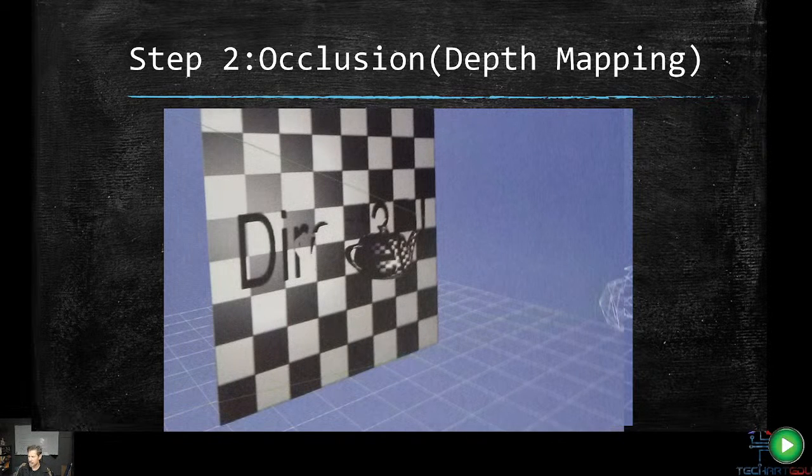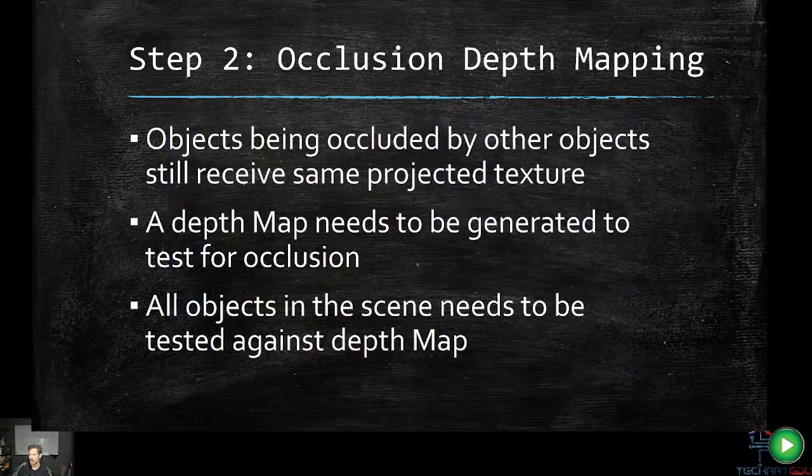You can see that the teapot is obscuring part of the background, and we don't want to see the shadow on the background that is occluded by objects in the foreground. That is what depth mapping is for.